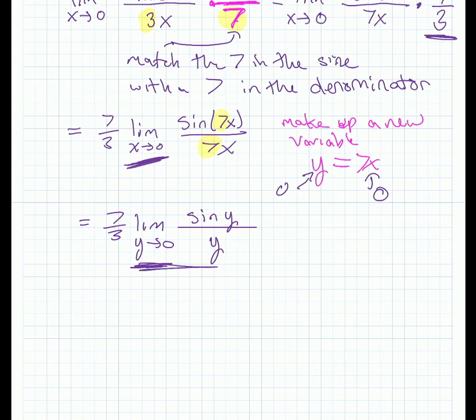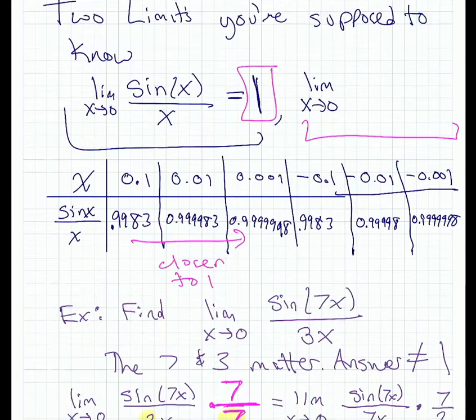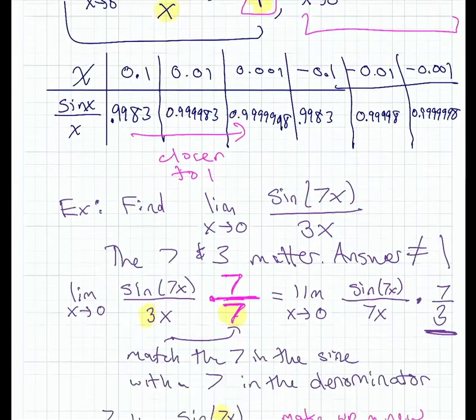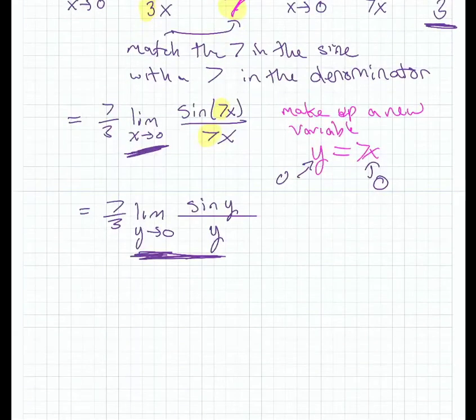But then what is this limit right here? That's the same as the one that you memorize as 1. It doesn't matter if it's a y or an x or an a or a b or whatever, as long as they match, the result is going to be 1. So you come back here.